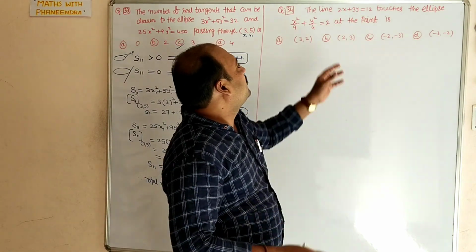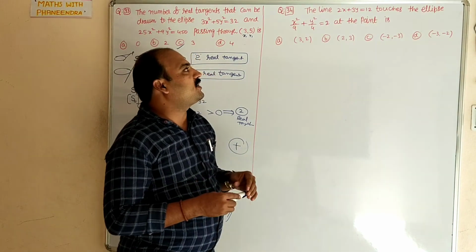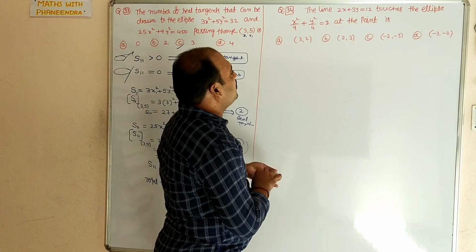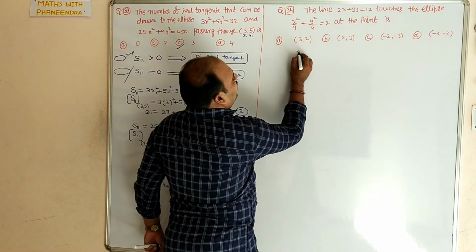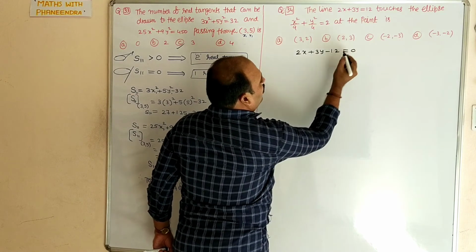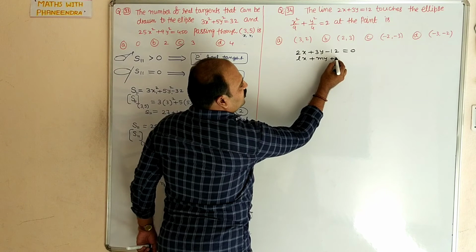See here, the line 2x plus 3y equal to 12 touches the ellipse at the point. First, write the given line: 2x plus 3y, the 12 we can take this side, minus 12 equal to 0. Compare with lx plus my plus n equal to 0.